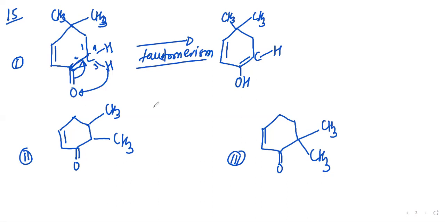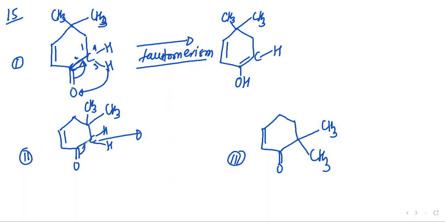Second compound, I have made this one wrong, so I will correct it. This is CH3. So in the second compound, this carbon has four bonds, two with the hydrogen.